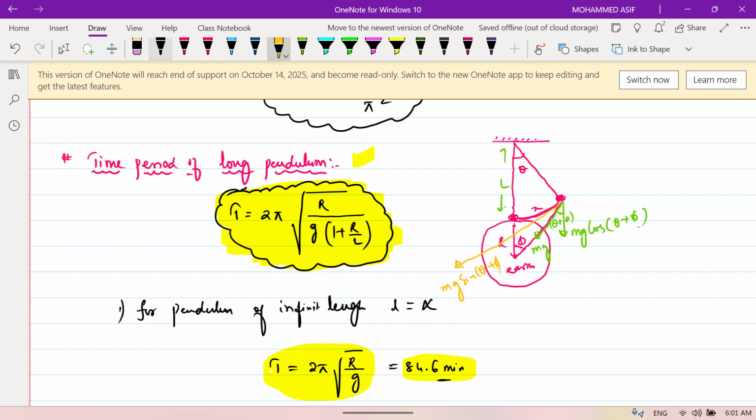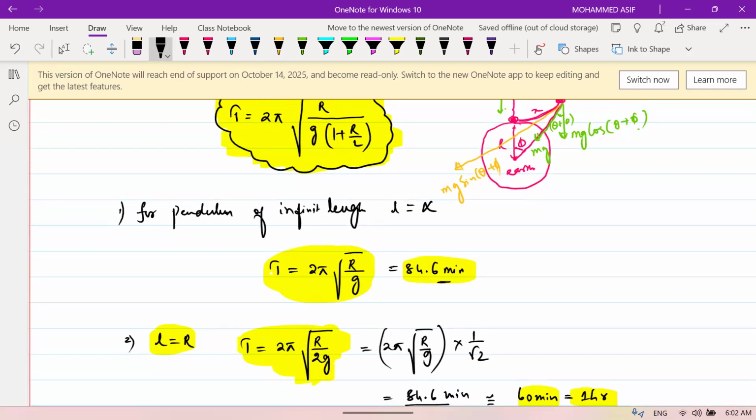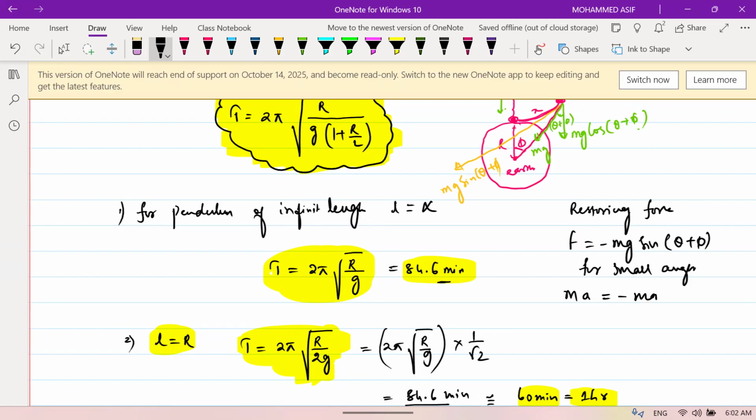I use the restoring force concept and try to derive it. What is the restoring force acting on it? I'm roughly doing it; the derivation is not needed, just for your understanding. The force F is equal to minus mg sin of theta plus phi. For small angles, F equals ma, that is equal to minus mg times theta plus phi. m and m get cancelled.